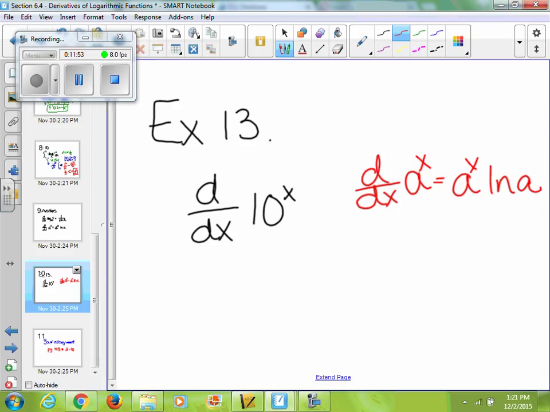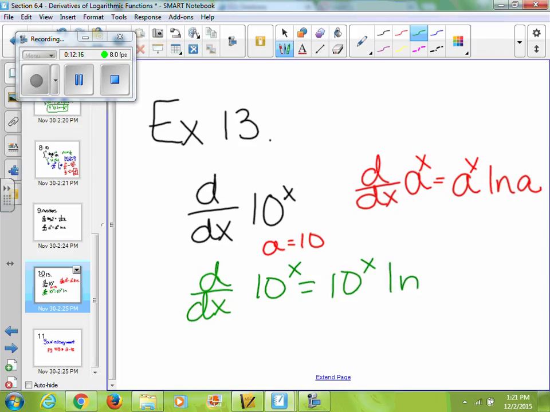Okay, so then if this is 10 to the x power, then a is equal to 10, right? Because a is in the place where my 10 would be. So knowing that, the derivative in regards to x of 10 to the x is equal to a to the x just stays the same, so 10 to the x times the natural log of my a, which in this case was 10. So my derivative is 10 to the x natural log of 10.